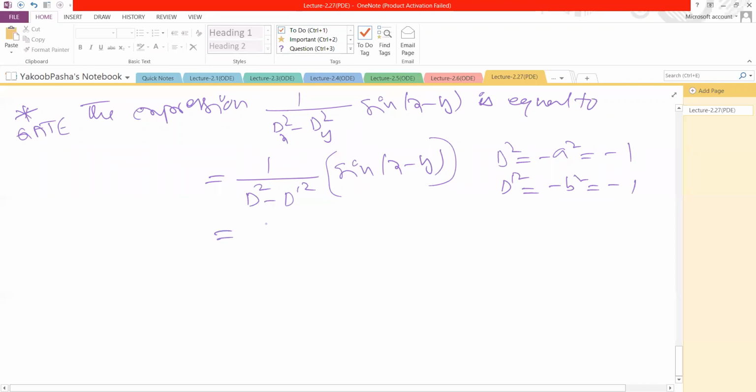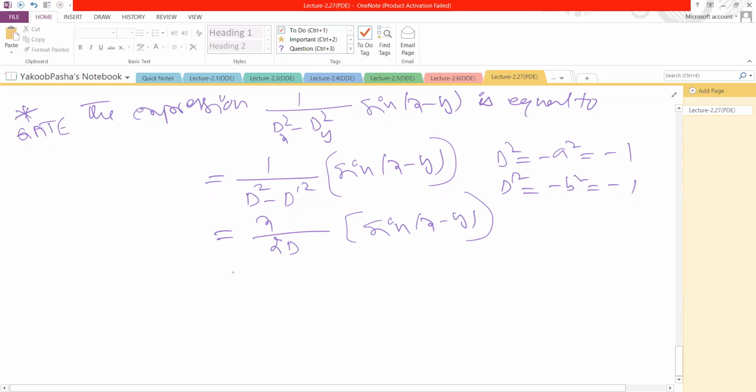Here in this case, write x in the numerator, differentiate the denominator with respect to D. So we get 2D. Okay, we are just differentiating with respect to D. So write the sin x minus y as this.